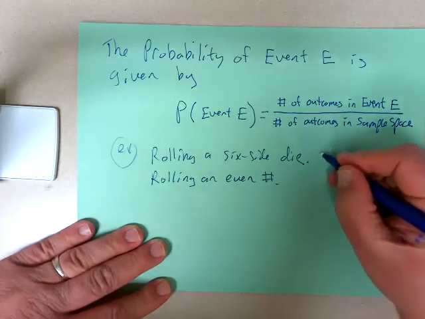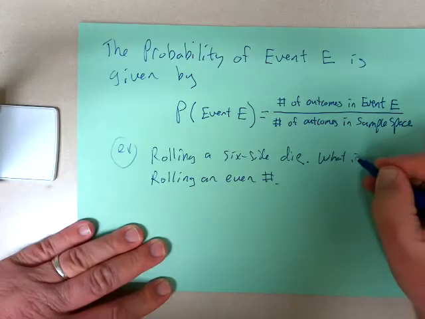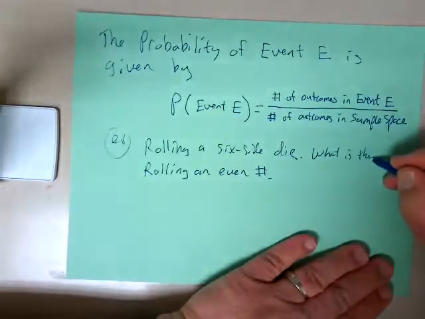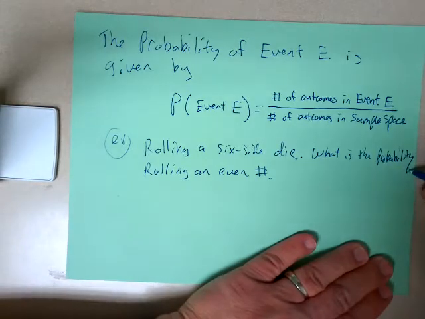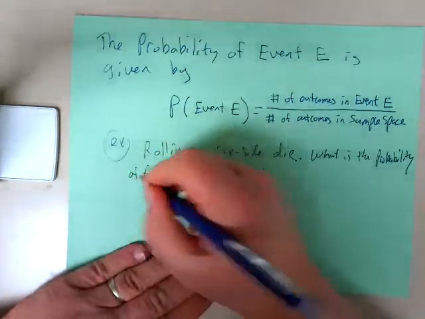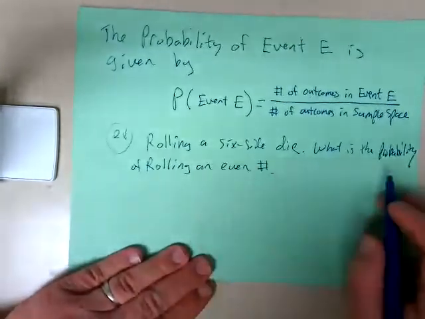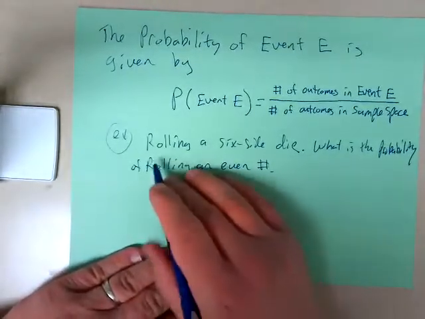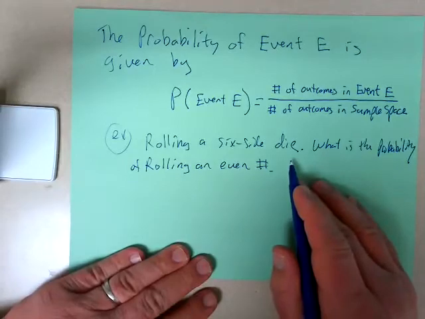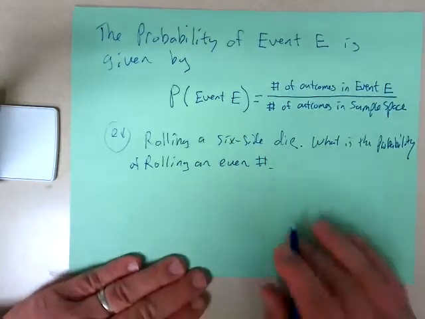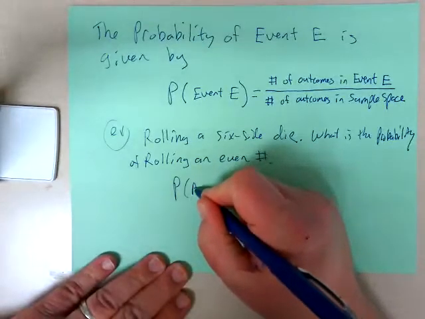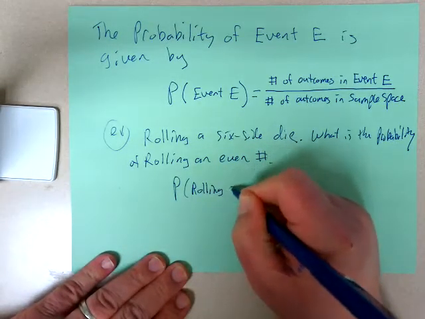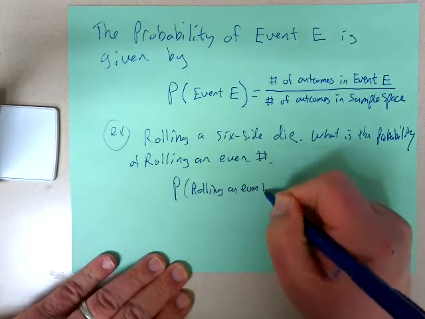So maybe I should say, what is the probability of rolling an even number? So I'm explaining what my experiment is, and I want to know what the probability of rolling an even number is. So then I could say something like probability of rolling an even number.